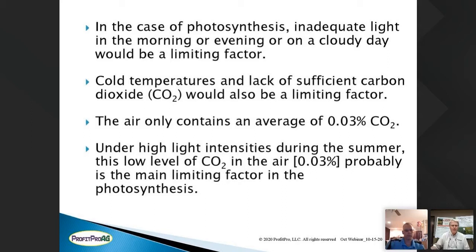So look at the difference in the amount that's in the atmosphere. Under high light intensity during the summer, this low level of carbon dioxide in the air, 0.03%, probably is the main limiting factor in photosynthesis and the production of sugars.